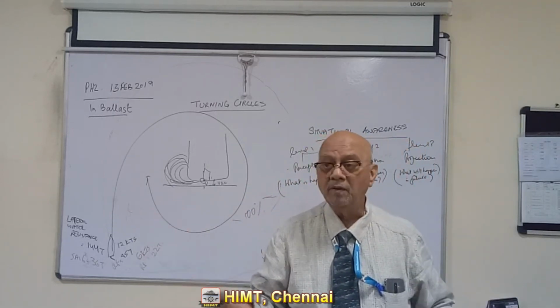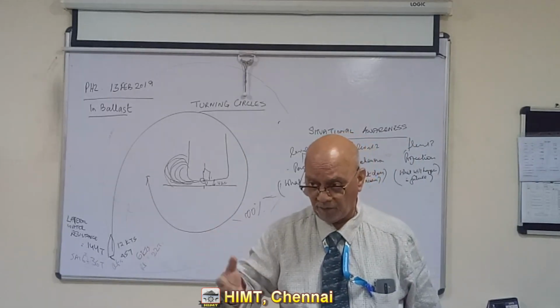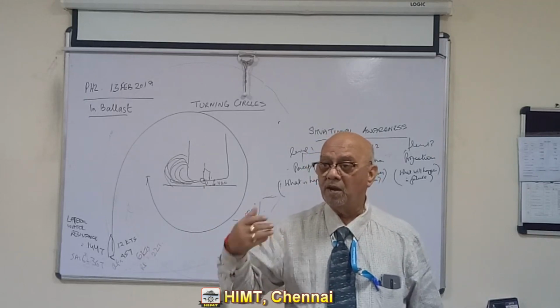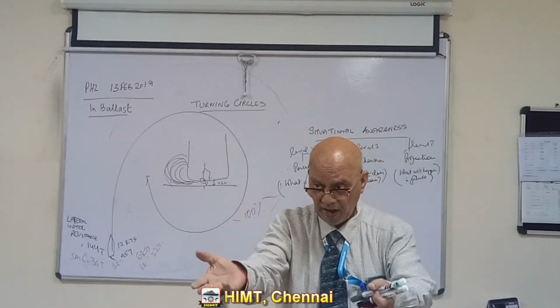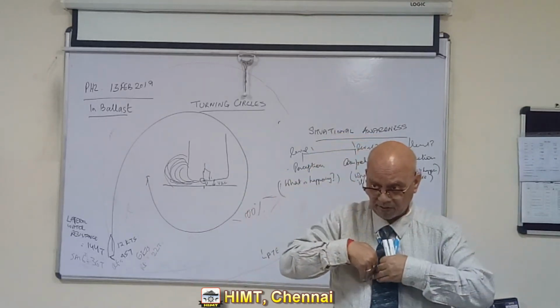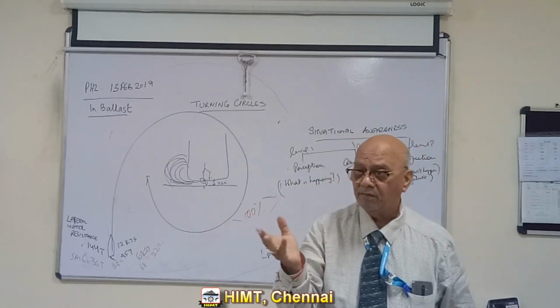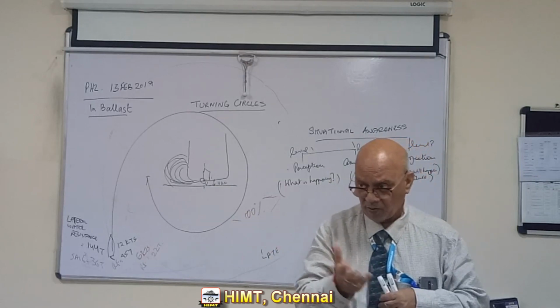How big your ship is. The ship is small. These maneuvering characteristics are physical parameters which you cannot change. So depending upon these characteristics, you have to act in time. That is why when you are deciding the wheel over position, you are calculating early how you are going to turn.